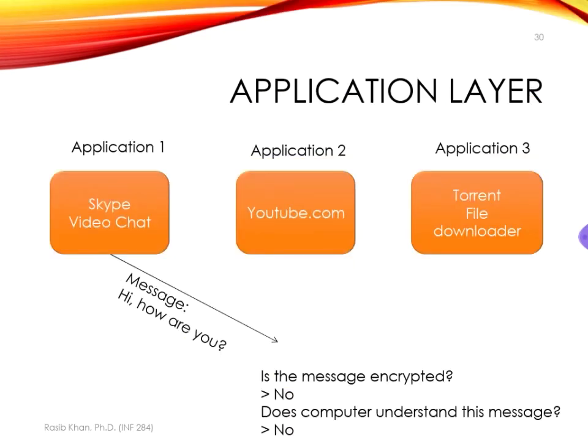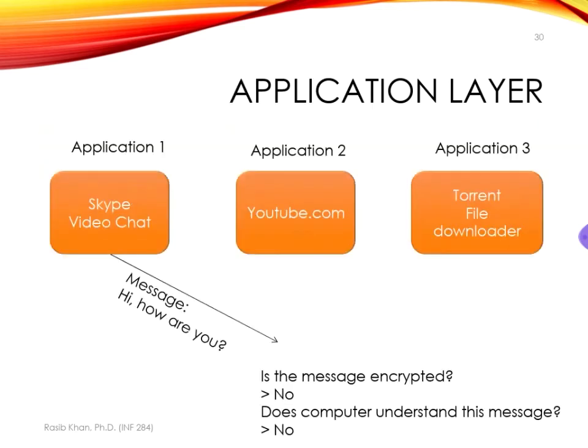If we try to motivate ourselves a little further, let's say we have three applications running on a host. One of them is Skype. You have YouTube running in a browser window. And let's say you also have a torrent file downloader to download a file. The Skype data, which is being transferred from the application into the network stack, is the data encrypted?